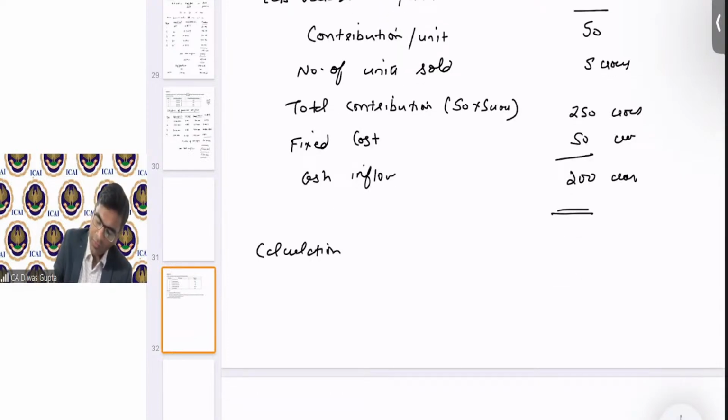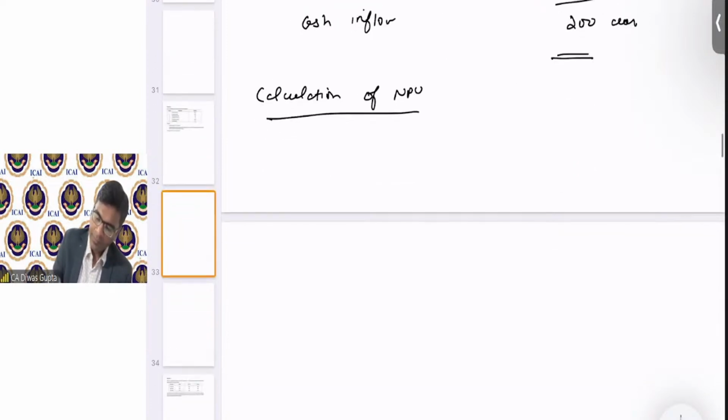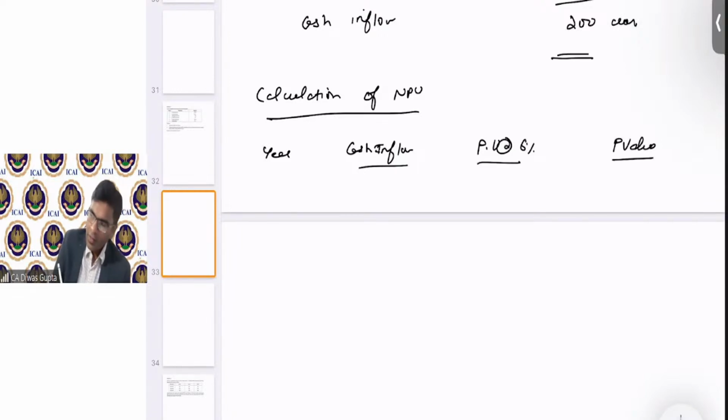Now calculation of NPV. So we can simply put year, cash inflow, present value factor at the rate 6%, and present value itself. Okay. So year will start with 0, 1, 2, 3.